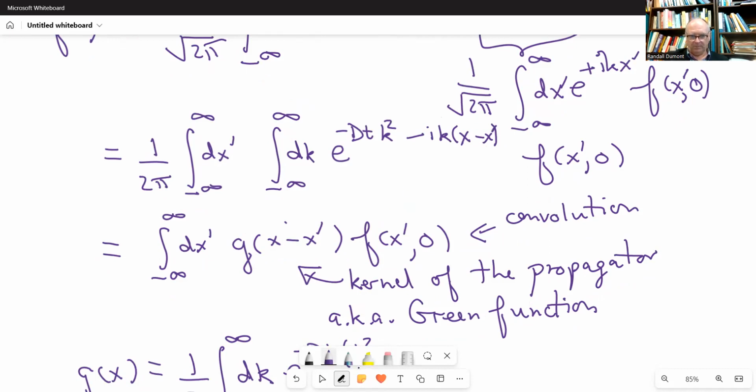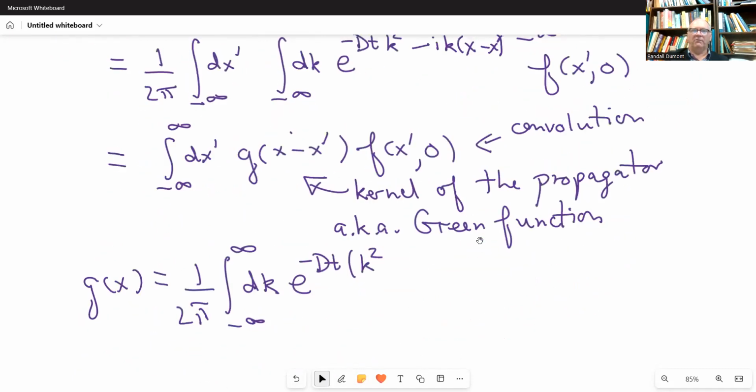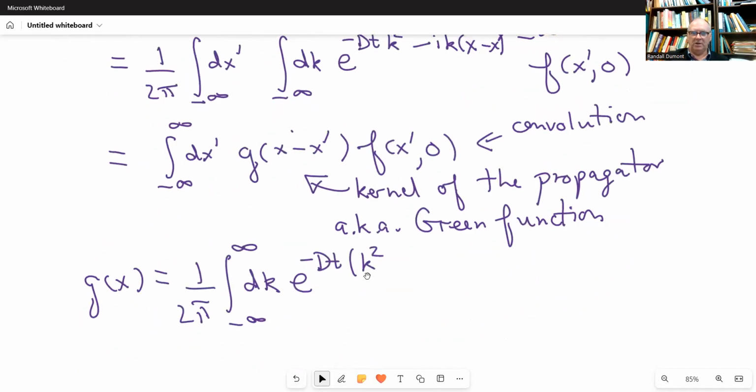Now, notice I factored out the d t here in the exponent with a minus sign. So that means I've got a plus here, and I've got x, because now I've replaced x minus x prime by just x. I have to divide by d t. There's a k. So what I'm doing is I'm anticipating that I want to complete the square.